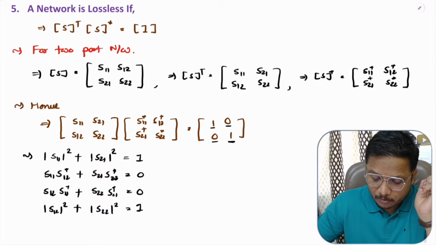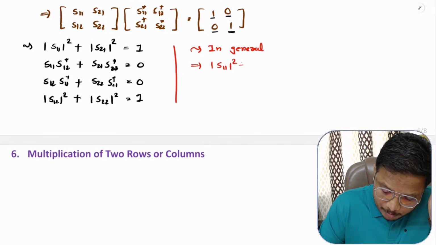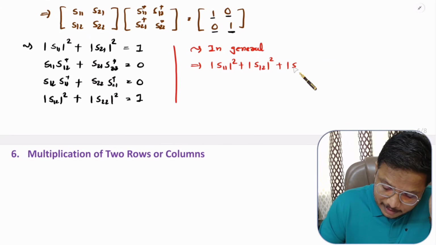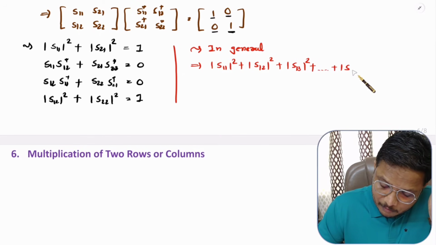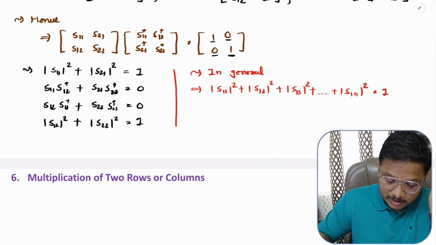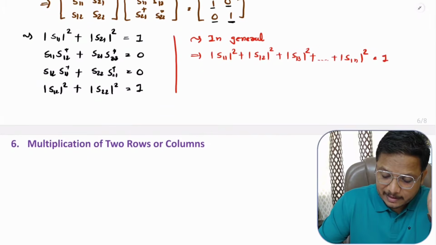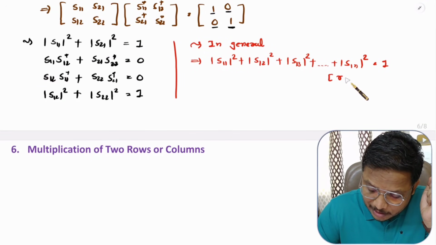Let me explain how. You can say S11 square plus S12 square plus S13 square plus up to S1n square is equal to unity. So this is quite easier to remember, right? Instead of this matrix multiplication, this equation is quite easy. And this is what one can have as per row wise calculation.